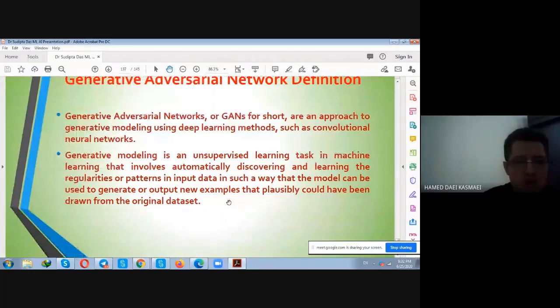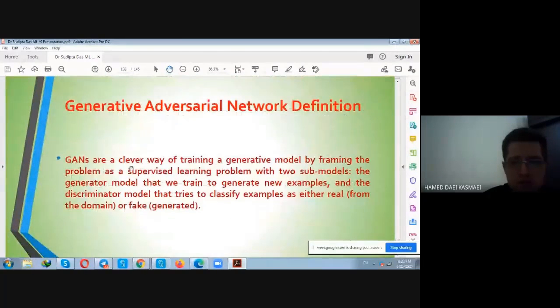And GANs are a clever way of training a generative model by framing the problem as a supervised learning problem with two submodels.